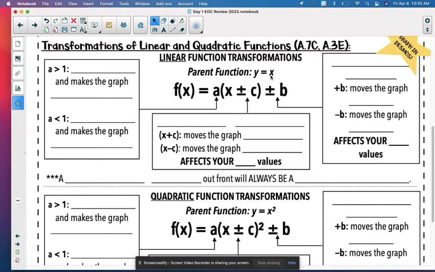So for the linear function, we have if a is greater than 1, a is less than 1.